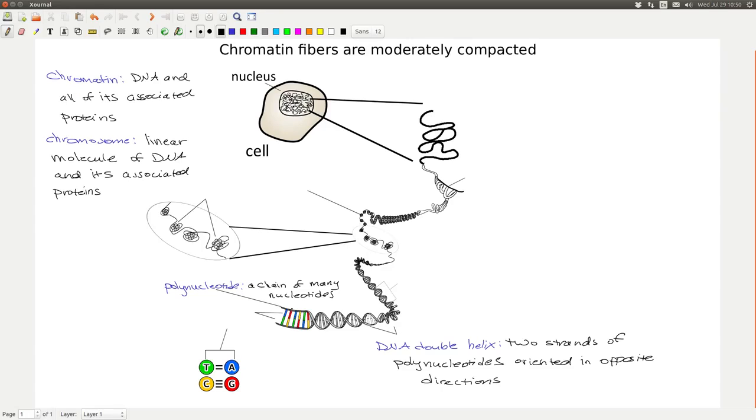Here in my drawing, you can start following this particular chain, and each one of these is a nucleotide, and my figure legend down here shows you which color corresponds to which of the nucleotides. Hydrogen bonding between the complementary base pairs is what keeps these two strands together.